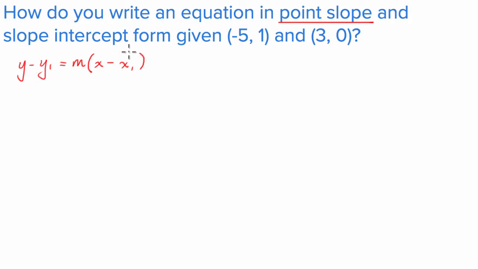Now the slope intercept form is the more common one, where we have y equals the slope, m, or gradient, x plus c, where c is the y-intercept.